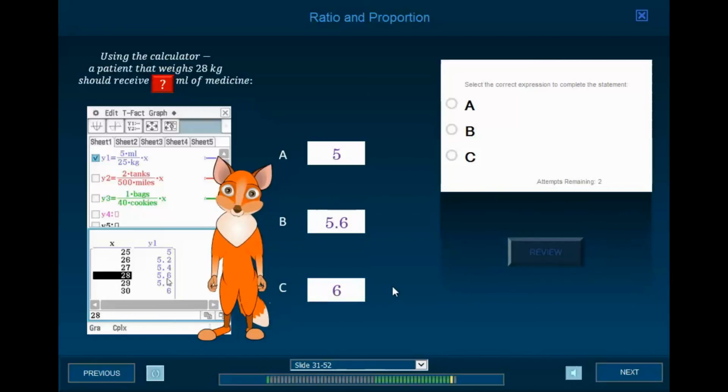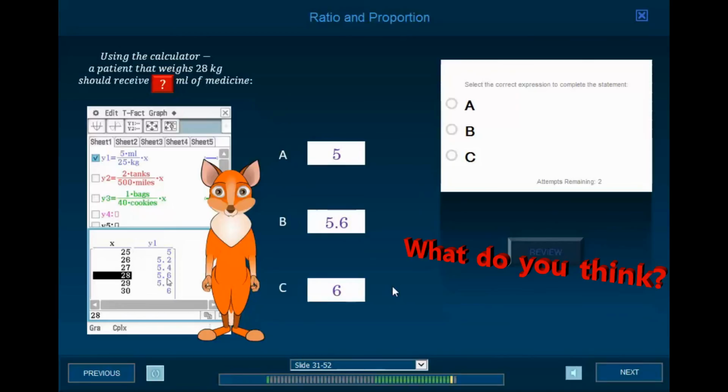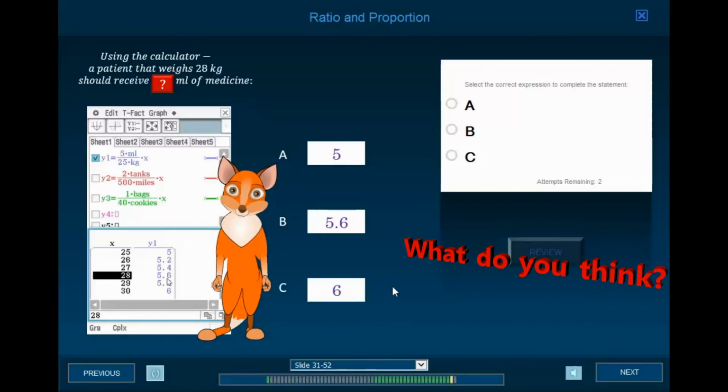Using the calculator, a patient that weighs 28 kilograms should receive how many milliliters of medicine?